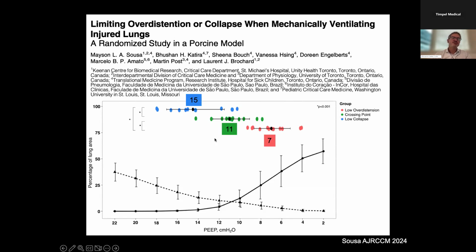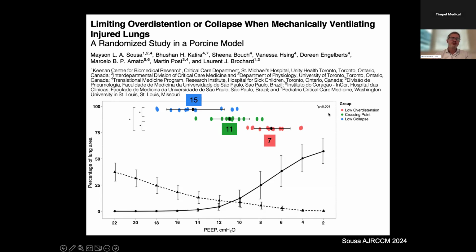So this was done by the group of Dr. Burchard. First author is Maison Souza. It was an experimental porcine model in which they included 36 animals, 12 in each arm, randomized. And they did an EIT decremental PEEP titration maneuver with estimations of lung collapse and lung overdistension in the three groups.